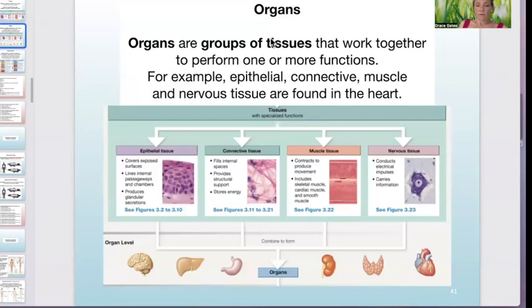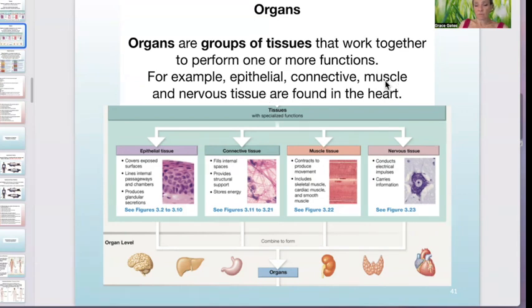Next, organs. They are groups of tissues that work together to perform one or more functions. For example, down here we have the heart to the far right, and the heart is an organ, and in it, groups of tissues work together to perform one or more functions, the function of the heart being to pump blood. As part of the heart, there is epithelial, connective, muscle, and nervous tissue, all part of constructing the heart.